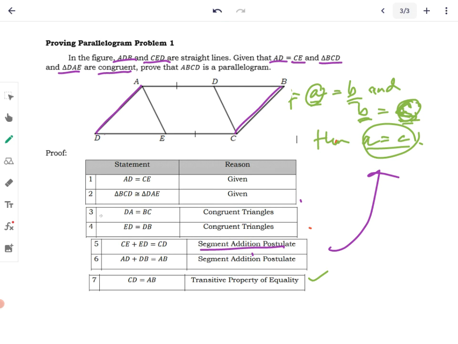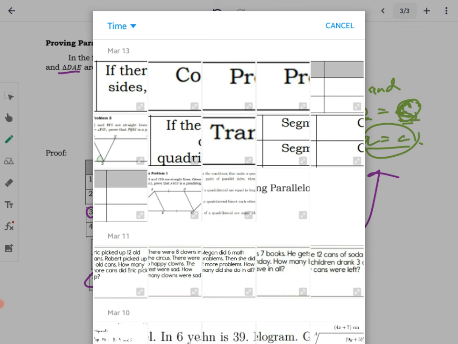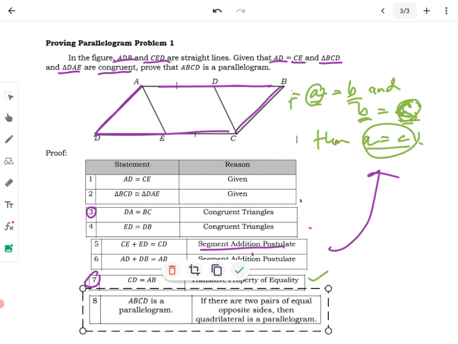That's number 3 statement. Then in number 7 we concluded that this one is equal to this one. Those two statements, 3 and 7, are enough to conclude the number 8 statement.